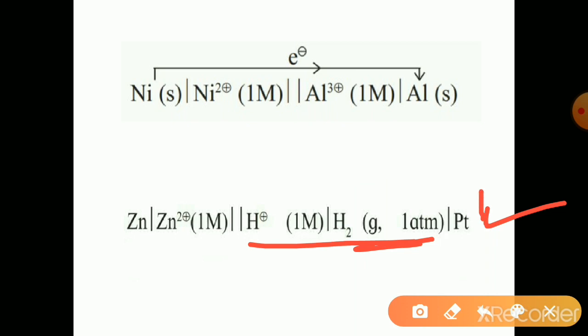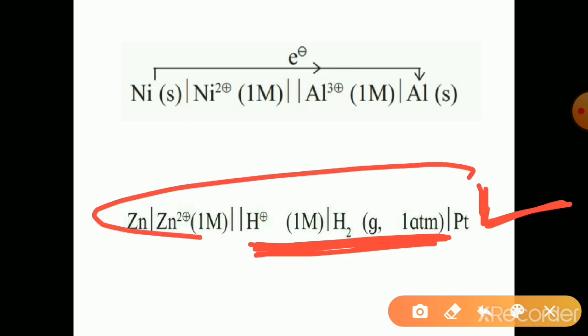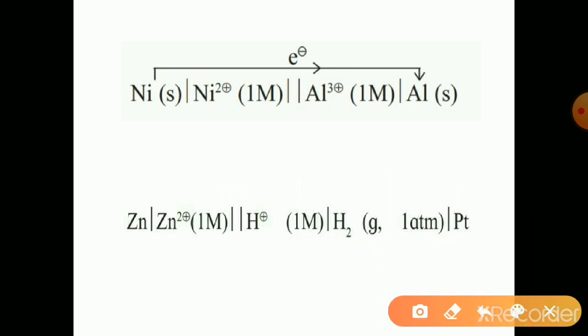Platinum gives the surface area for this reaction to occur. Platinum is the inert electrode, it does not take part in the cell reaction, it just allows the surface area for this reaction to occur.